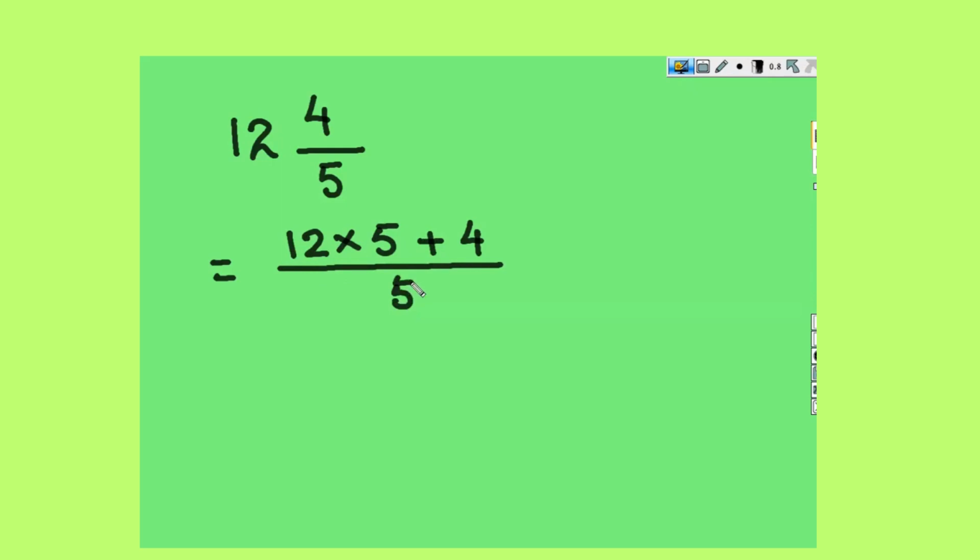This is how we work on converting a mixed fraction into an improper fraction. 12 fives is 60 plus 4 by 5. So this becomes 64 by 5. This is how we do it. Simple, very easy. Just need to follow the steps.